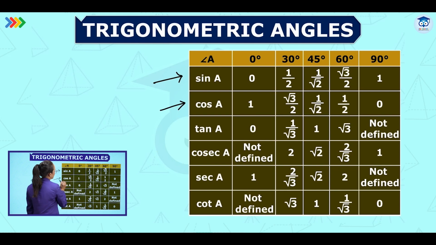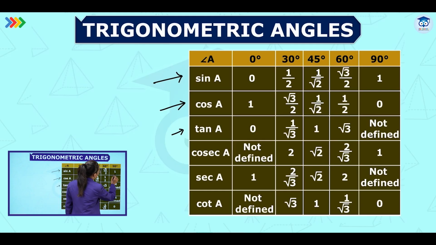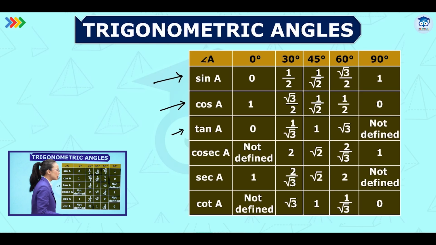Cos is the reverse of this: 1 comes, then root 3 by 2 comes, it comes in reverse. Then tan is just the ratio of sine upon cos, 0 upon 1 and so on, and for the last one, 1 upon 0, not defined. For cosec, reciprocal of sine. For sec, reciprocal of cos. And cot is the reciprocal of tan.